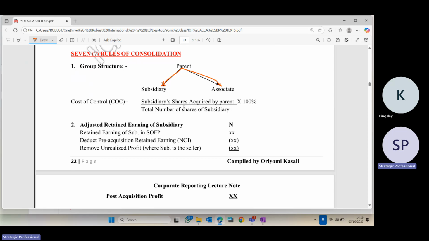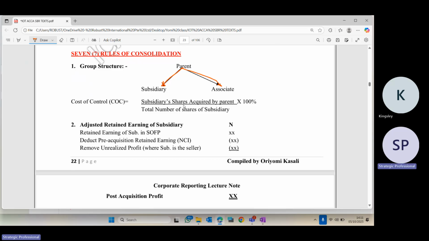And when we say cost of control, we mean the percentage that the parent company acquired in the subsidiary company, simply what we call COC. The second one is adjusted retained earnings.